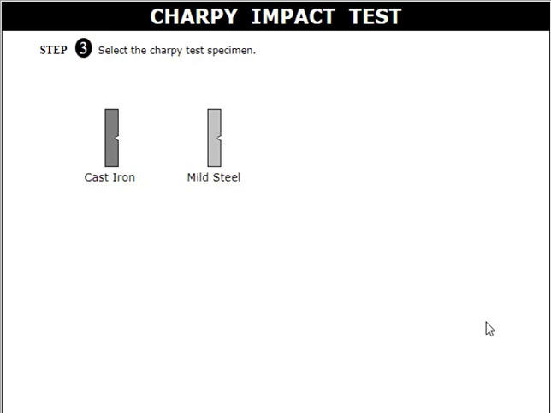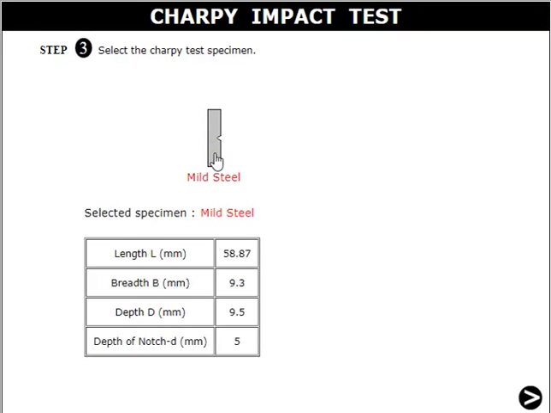Next, step number 3 is to select the Charpy test specimen. You can observe there are two types of samples. One is cast iron material and the second one is mild steel material. We perform the Charpy impact test on the mild steel material, so we consider the selected material as mild steel.